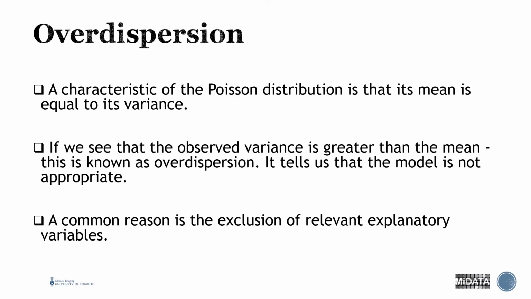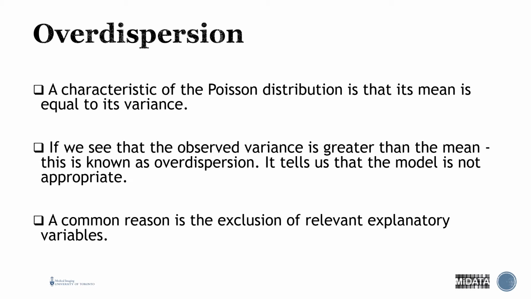Every time we want to apply a model to our data, we always have to be very careful that the model fits the data well, because if it does not, then our estimates are going to be much farther from the truth, and therefore we have a poor model.